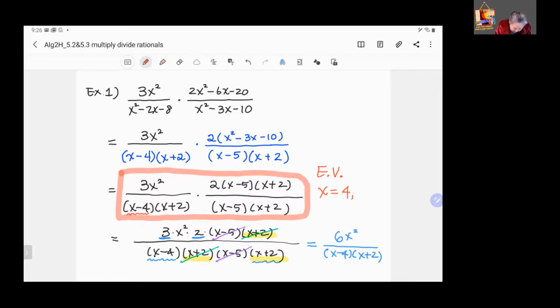Then x cannot be what now? -2, because if x is -2 here, it would make the denominator 0. Then also, I have to look at this factor. Even though we cancel them, we still have to consider what was originally given entirely. Then 5. So make sure you make this set of excluded values for this one.